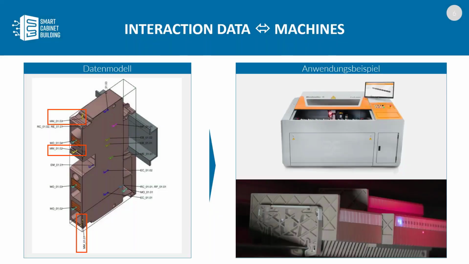If you just share again the PowerPoint presentation, then I want to show you one example, and that is the interconnection and the interaction of data model and the use case. On the left-hand side, you can find a terminal block out of the A series from Weidmüller and a data model out of our Weidmüller configurator.